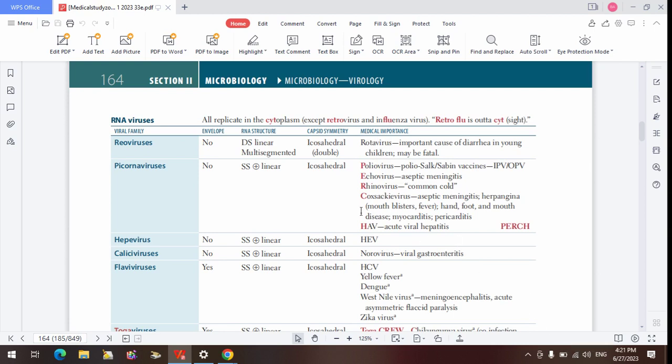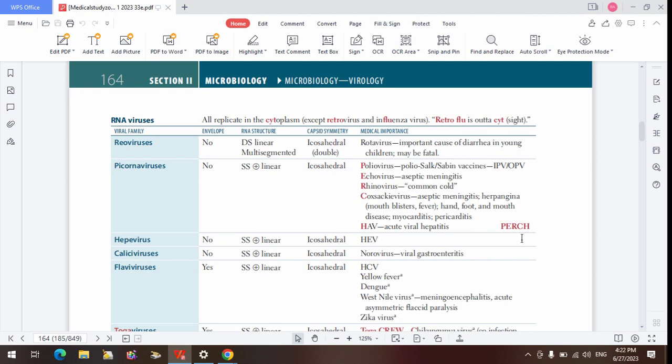Do we remember? Could be enterotoxigenic E. coli. Sorry, enteroinvasive. Campylobacter. Okay, so it won't be enterotoxigenic. Enterotoxigenic is for traveler's diarrhea. That's the peculiarity. So it's Campylobacter jejuni.